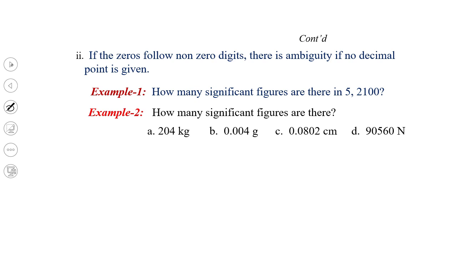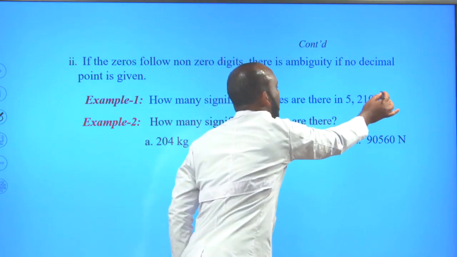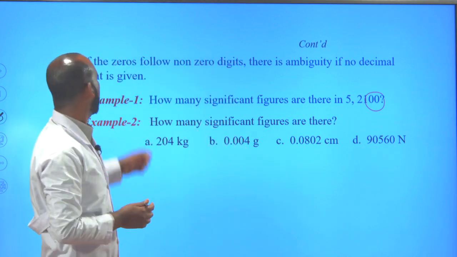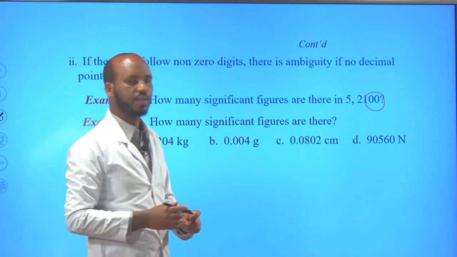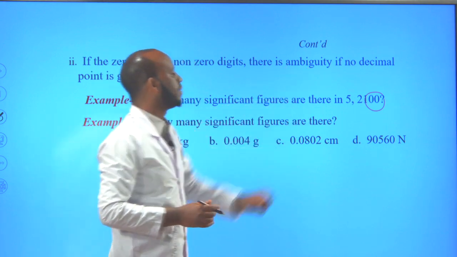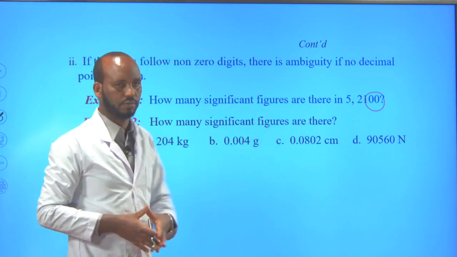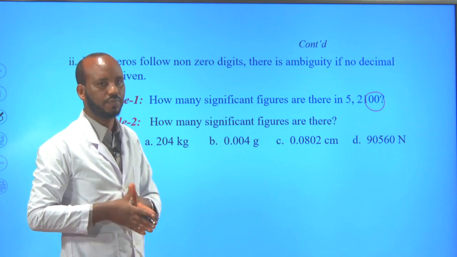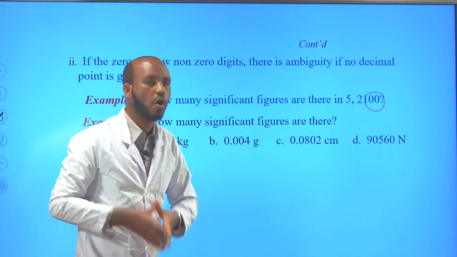It is ambiguous because final zeros are always ambiguous. Here it says, if the zeros follow non-zero digits, there is ambiguity if no decimal point is given. Final zeros are always ambiguous if there is no decimal point.